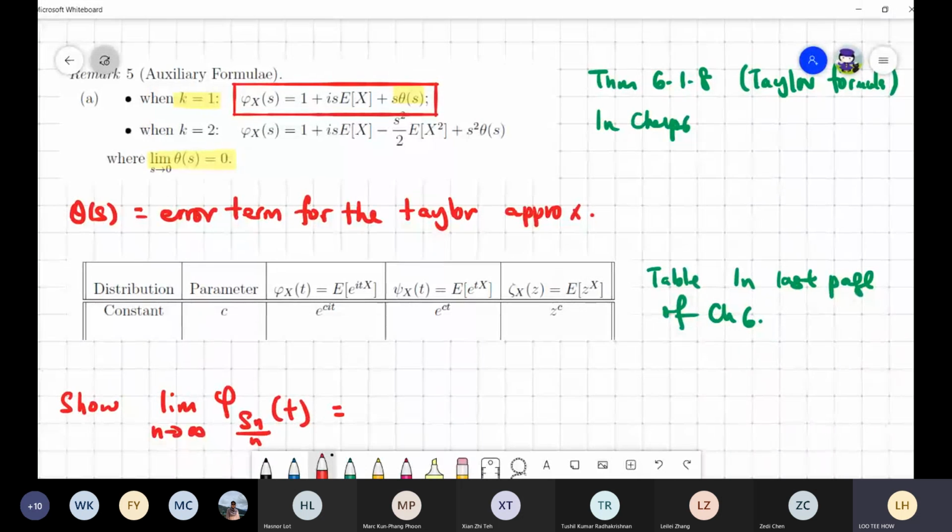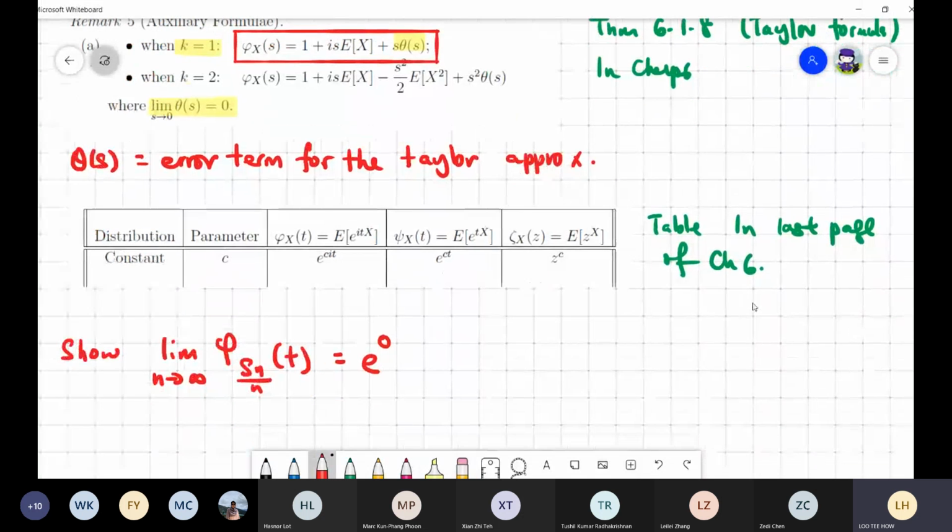So this is equal to e to the power of 0. We want to show this. So why is that so? Because e to the power of 0 could be written as e to the power of i t multiplying 0.